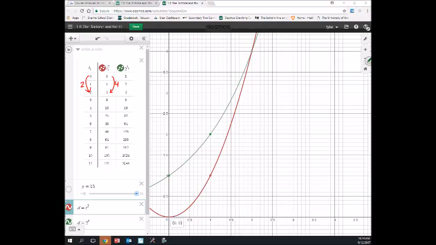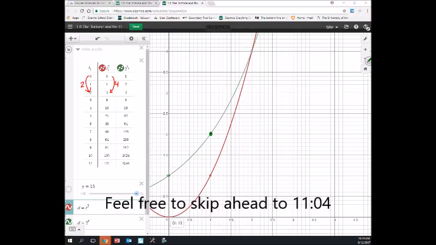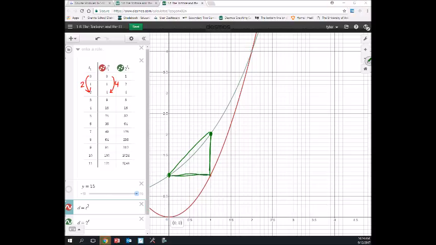So the average speed of the tortoise for the first second, they went 1 meter in 1 second. So on average, the tortoise was going 1 meter per second. Now their average for the second second, they went 2 meters in 1 second. So that is a 2 meter per second speed on average.